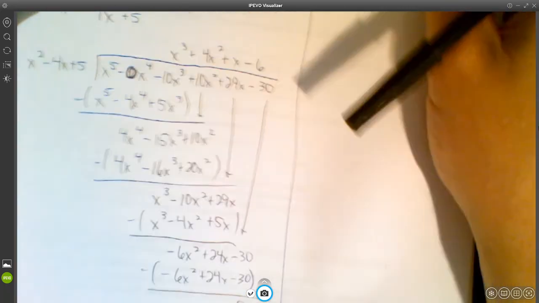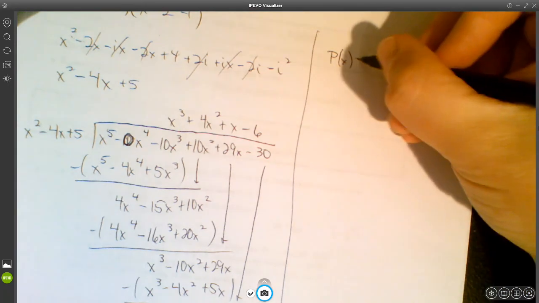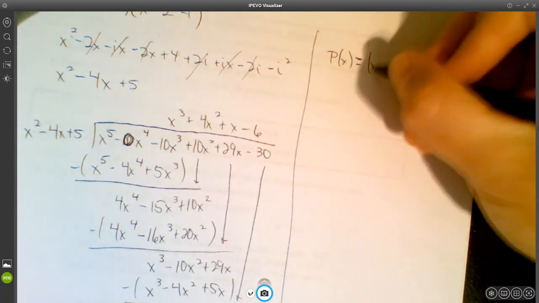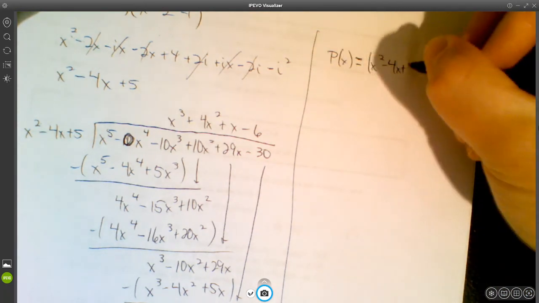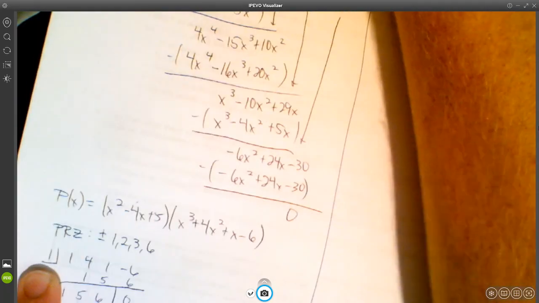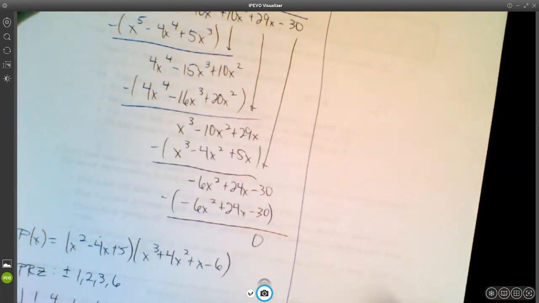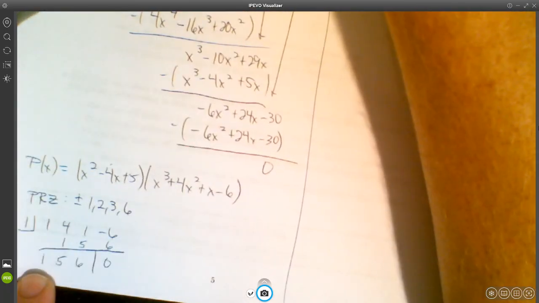But what I just discovered now is that p of x is equal to x squared minus 4x plus 5 times x minus 1, right? Because 1 was a zero. We just found that 1 was a zero. So times x minus 1 times x squared plus 5x plus 6, right?